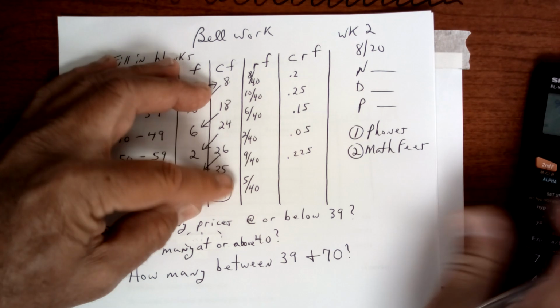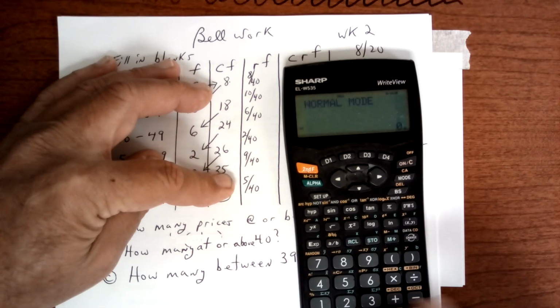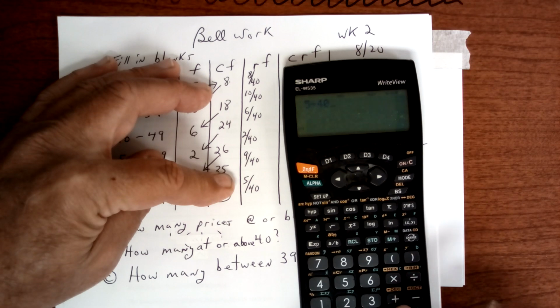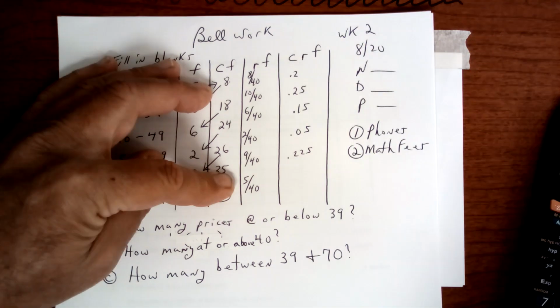And finally, 5 divided by 40 is going to give you 0.125.